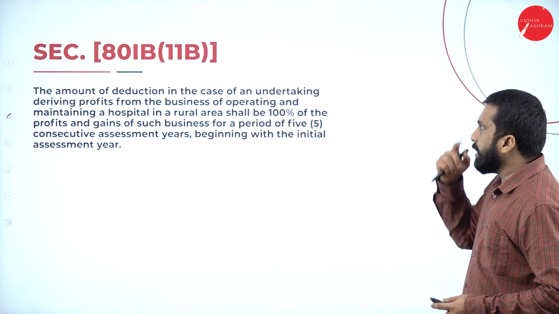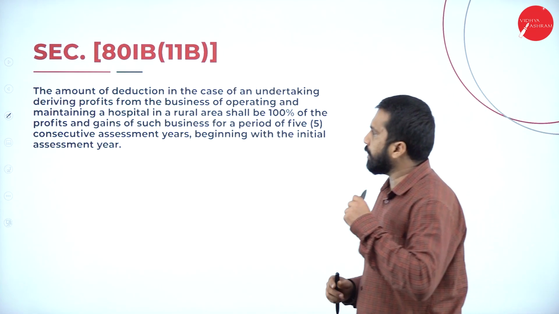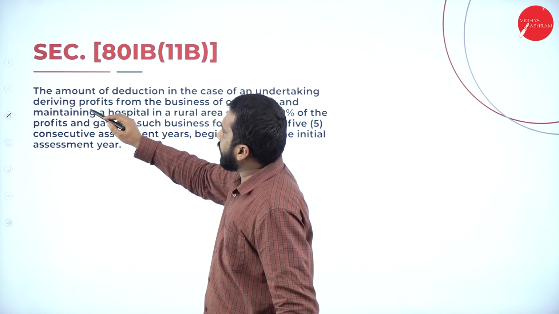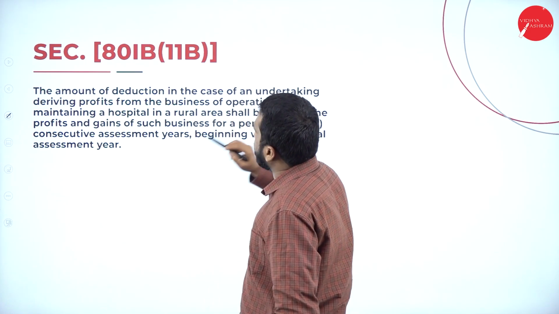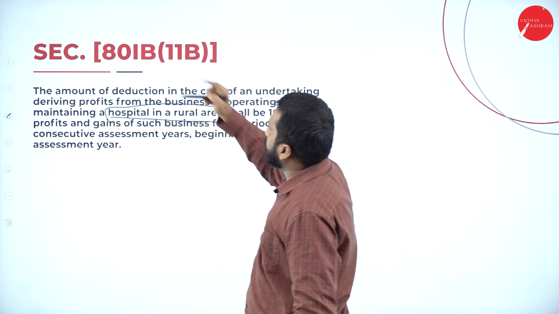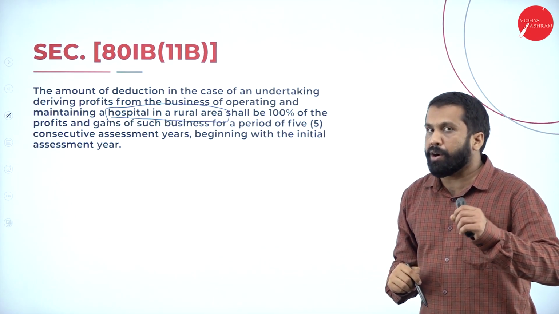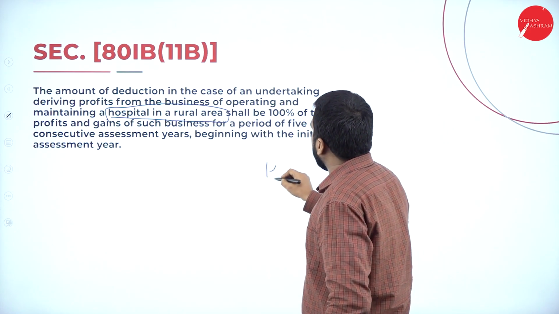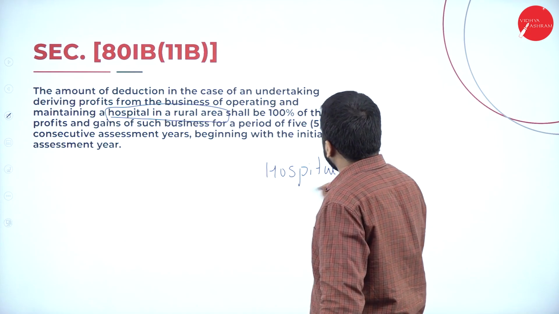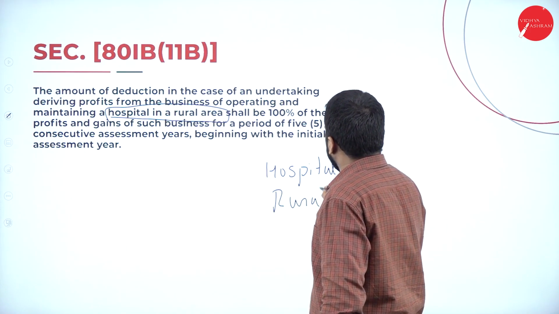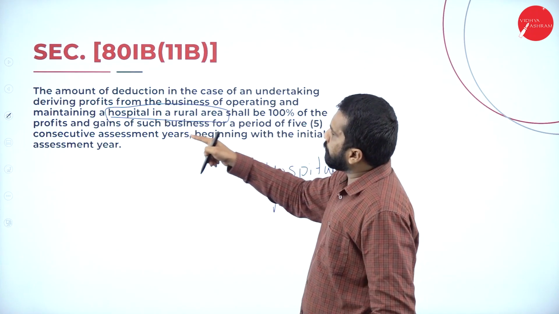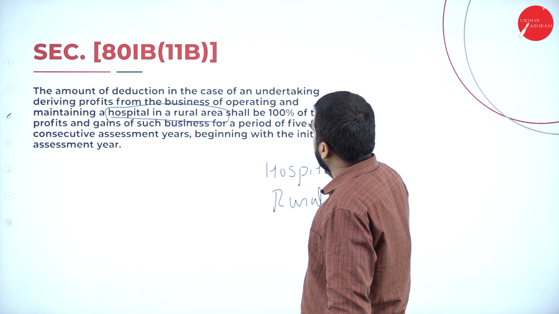And the third one, 80IB, subsection 11B. The amount of deduction in case of an undertaking deriving profit from the business of operating and maintaining a hospital in rural area. This talks about what? Hospitals in rural area. The deduction shall be 100% of the profit and gains of such business for a period of 5 years.